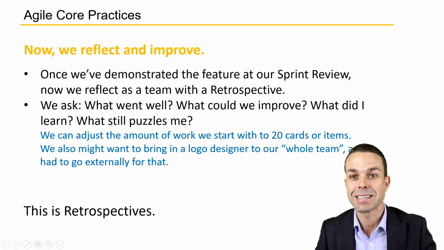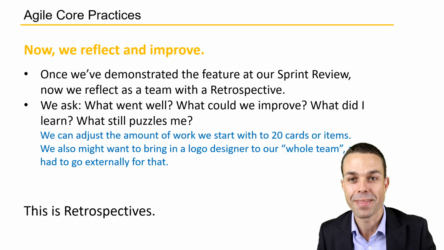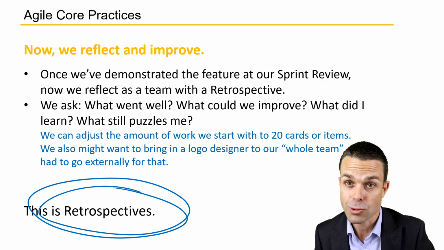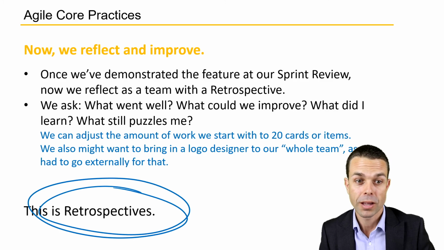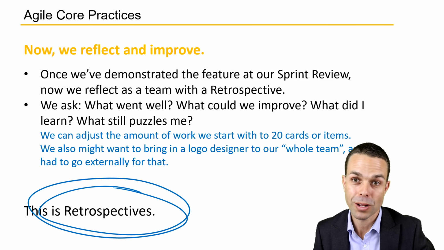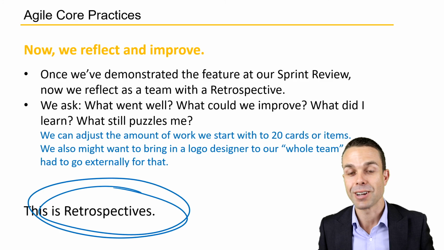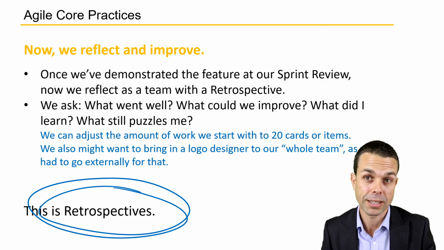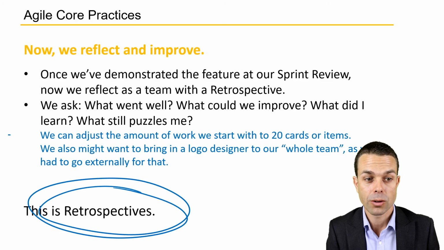Now we can reflect and improve on our process. And this is our process of retrospectives. So once we've demonstrated that feature at our sprint review, now we can reflect as a team. We ask what went well, what didn't go well, or what could we improve? What did I learn, and what still puzzles me? Now we can adjust. As we said, what did we learn?